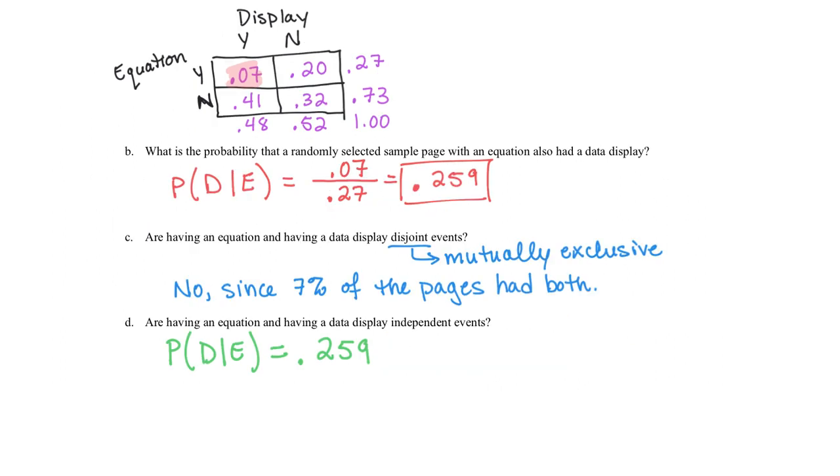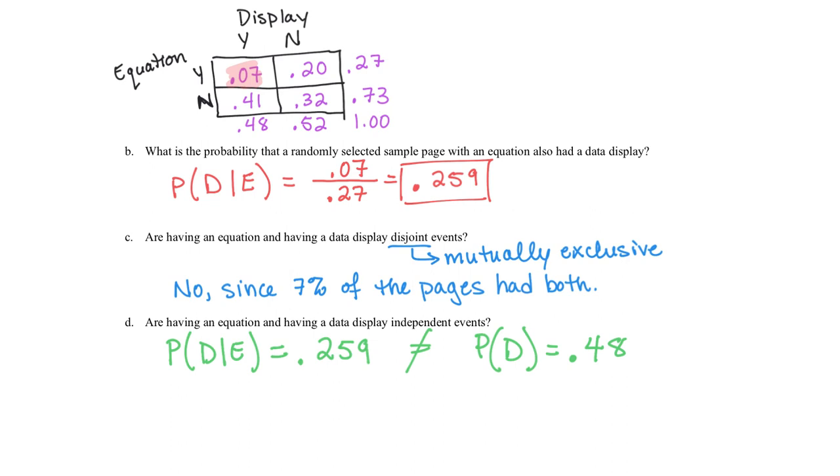If we use our rule on the previous page, it said to take any condition. Since we already figured out the probability of display given equation in part B, let's just use that. And we want to compare that to the probability of just the display. The probability of just having a display on a page is 0.48. Since these two are not equal, it's not independent.